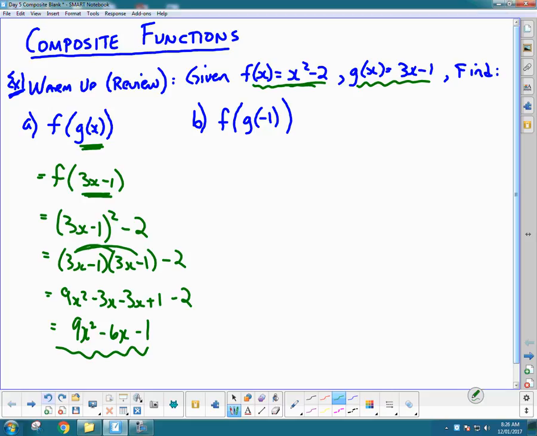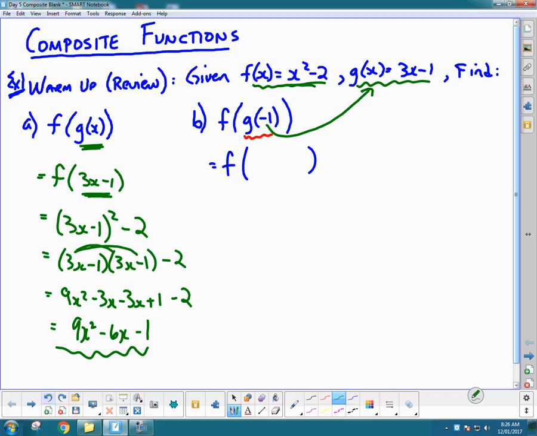Okay. Now I could ask you, find f at g at negative 1. So a couple of ways you can do this. Here, again, you work from the inside out. So if you look inside, you have g at negative 1. So that part says, keep the f the same, but g at negative 1 means you take negative 1 and you plug it into the g function.